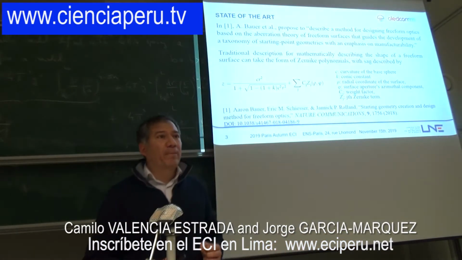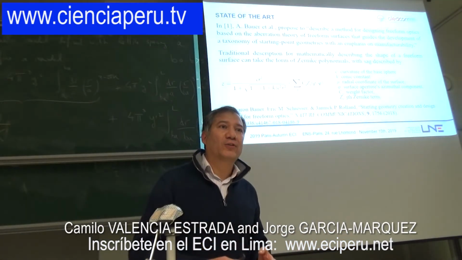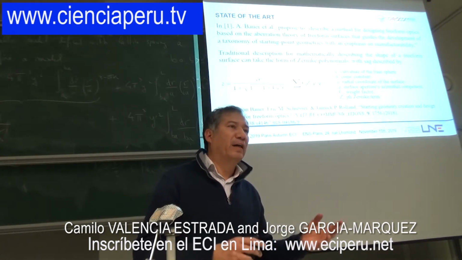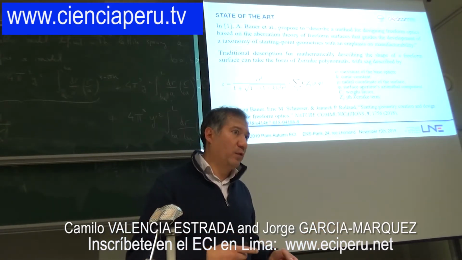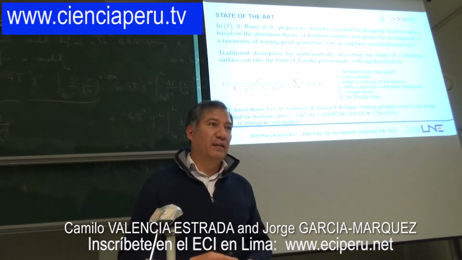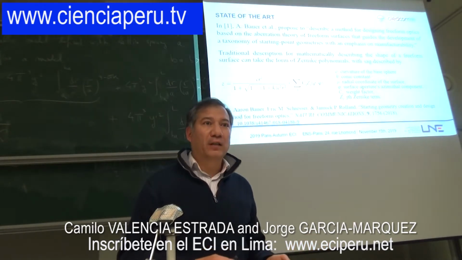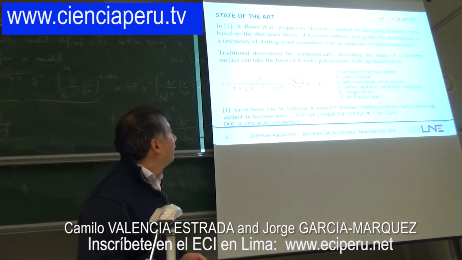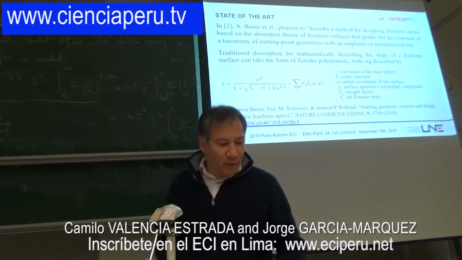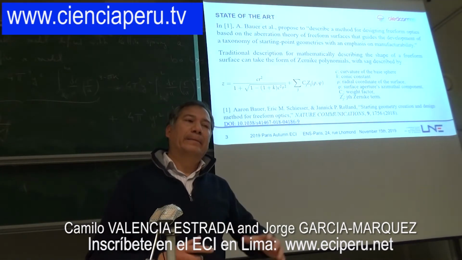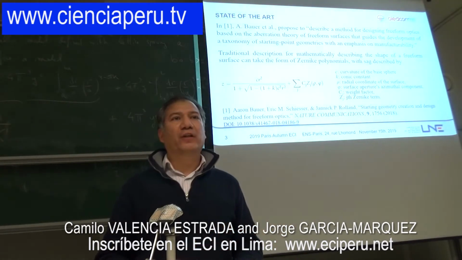And I'm going to talk about the state of the art. There is a French scientist that works in optical design. In fact, there are two designers, very, very well known all around the world. One of them is a former Supoptic, Jean-Luc Roland, and he's the chief of a group in a laboratory at Rochester University in the United States.